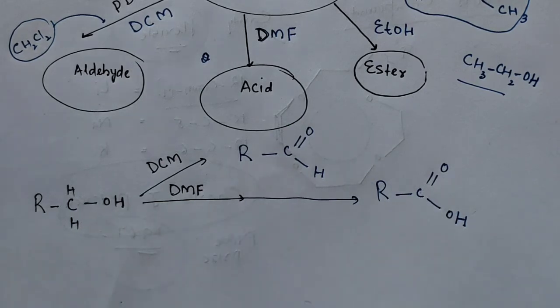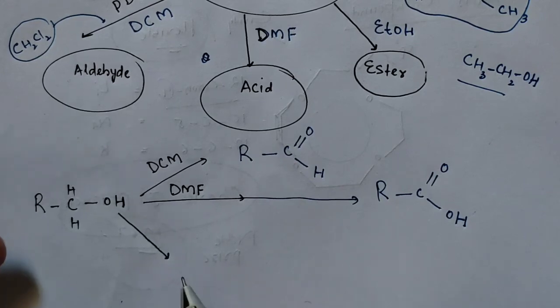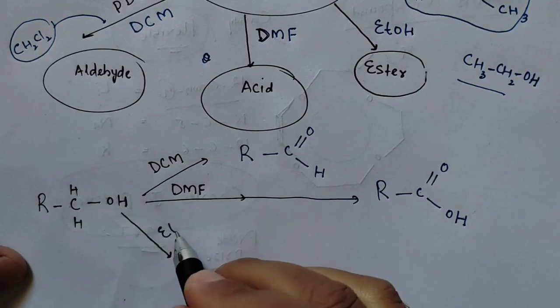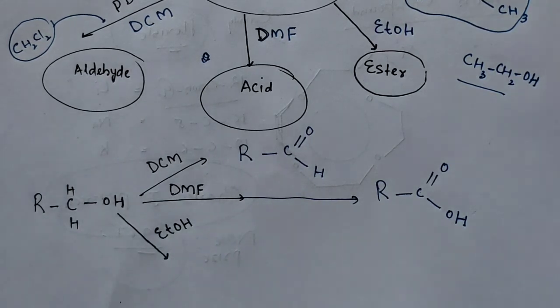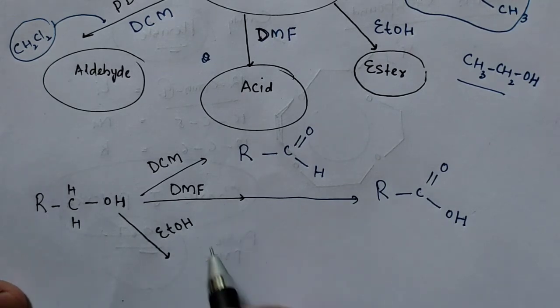It's a strong oxidation. And then if your reagent is PDC and the solvent used is ethanol, EtOH, we know that in presence of ethanol, it will convert alcohols to esters. Okay? So you can make an ester very easily. See how you can do that.